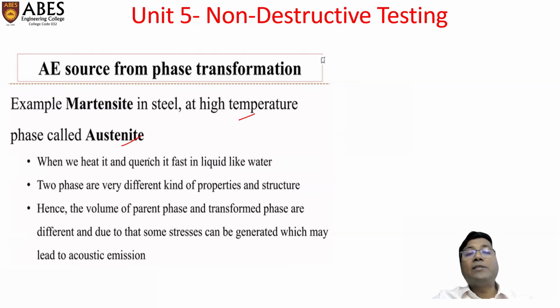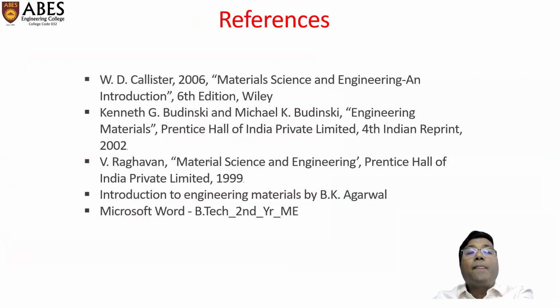When we heat it and quench it fast in a liquid like water, there would be a vast emission of acoustic emission. The two phases have very different properties and structure, hence the volumes of parent phase and transformed phase are different, and due to that some stresses can be generated which may lead to acoustic emission, and subsequently we can measure the emission through the setup, transducers, pre-filters and filters and screens.